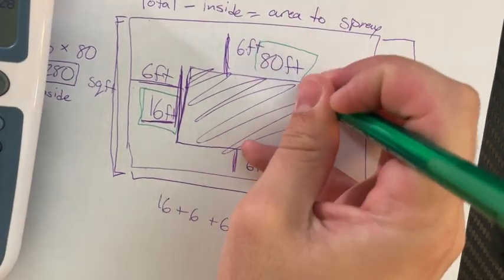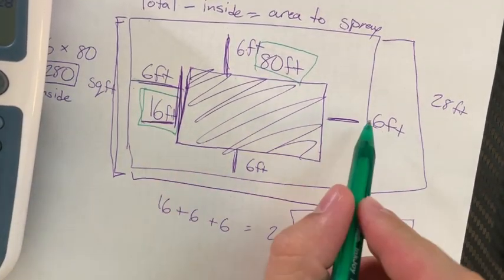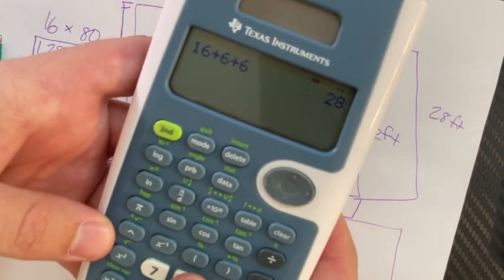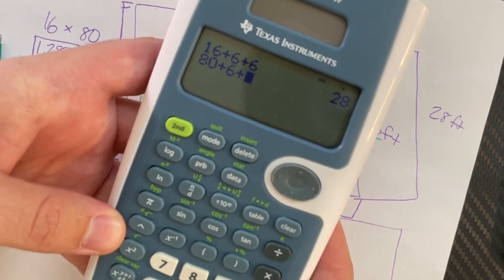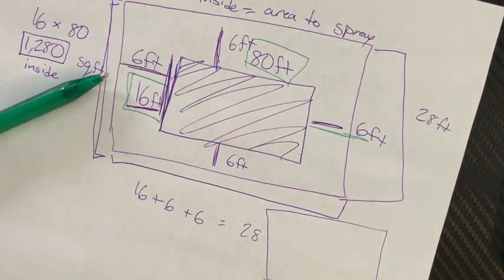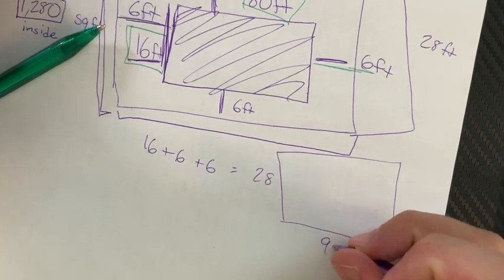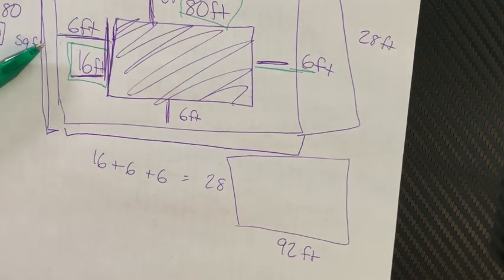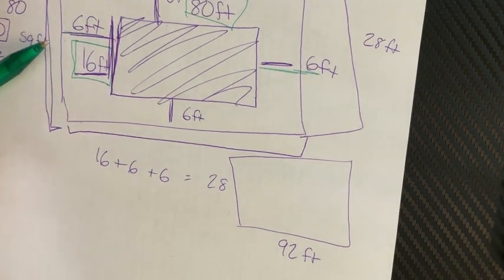Now let's do 80 feet plus 6 plus 6, okay, on both sides. So 80 plus 6 plus 6 is 92, okay? So it's a 28 by 92 foot area, and that's like the lawn that goes all the way around or whatever. So let's go back to the PowerPoint.